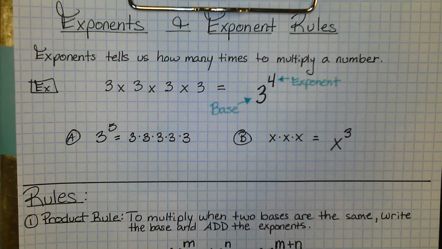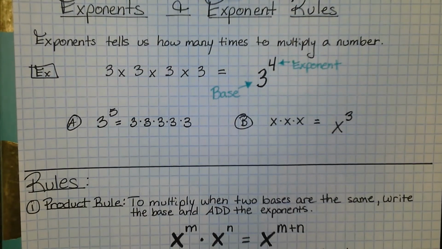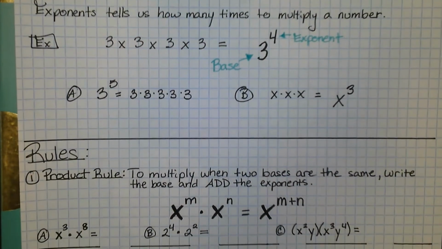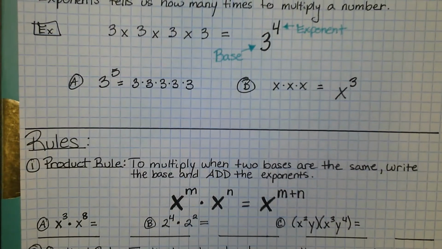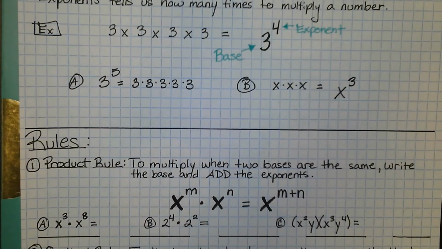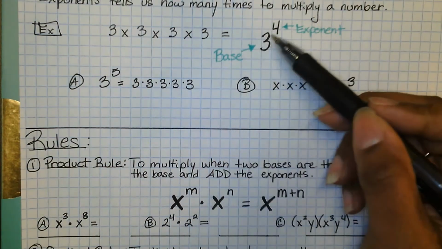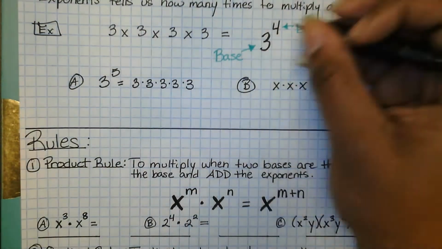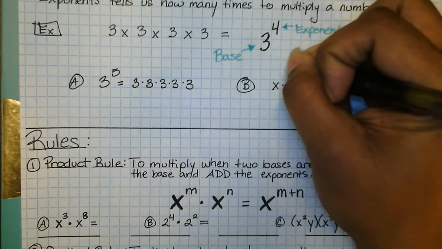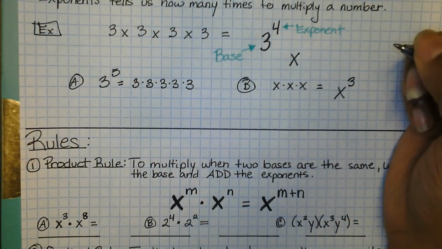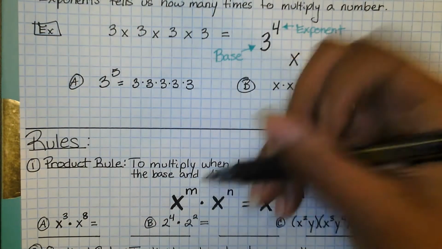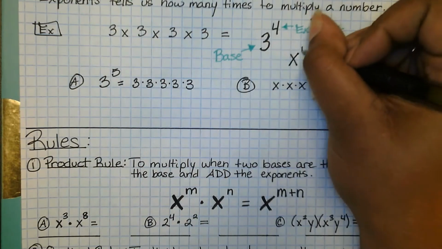So let's talk about some rules of exponents. The first rule we're going to look at is called the product rule. Before I start, I want to point out that wherever you see an x, let's use 3 to the 4th power as an example, the 3 would be the x, and m is the same as the 4.